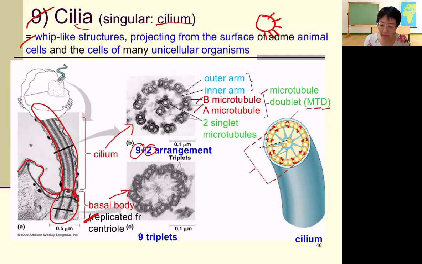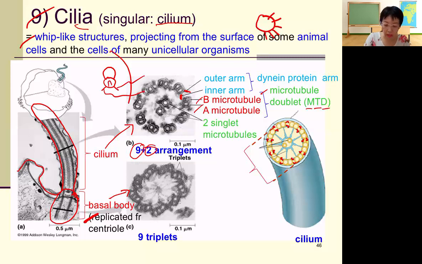And then the A microtubule has got 2 arms, the outer arm and the inner arm. It looks like this. This is microtubule A, this is microtubule B, and this is the arm. If this is the outer part of the cilia, this is the outer arm, and this is the inner arm.